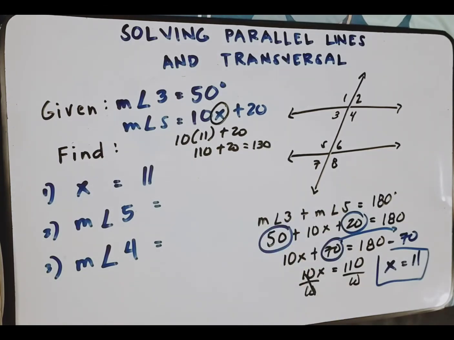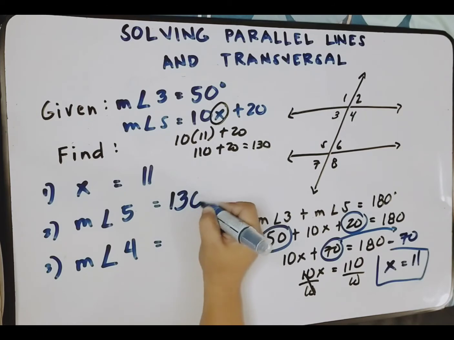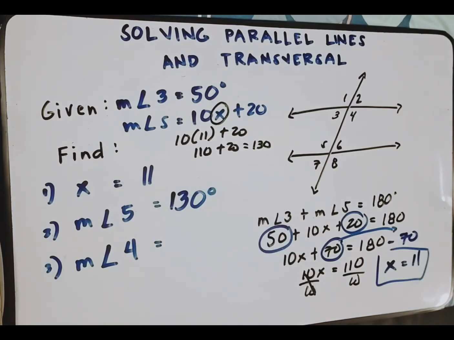Therefore, angle 5 is 130 degrees. Actually, even without substituting, since angle 3 and 5 are same side interior, we can immediately subtract, because 180 minus 50 degrees is 130 degrees. But since we need the value of x first, we still solve for it.